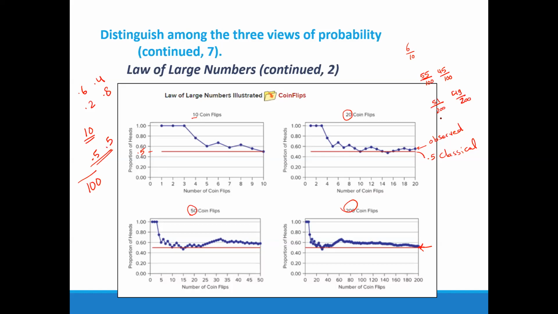This would be 102 and this would be 98 over 200.